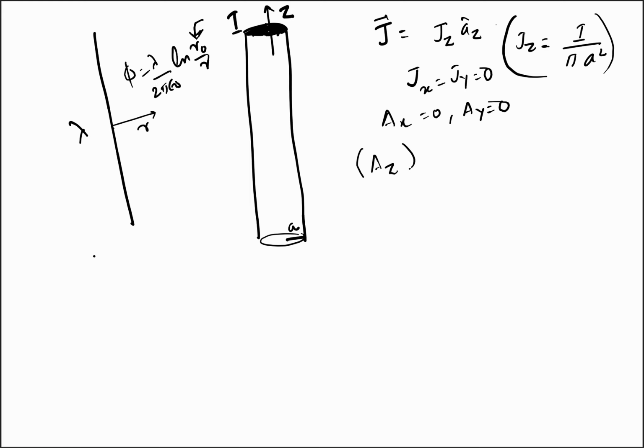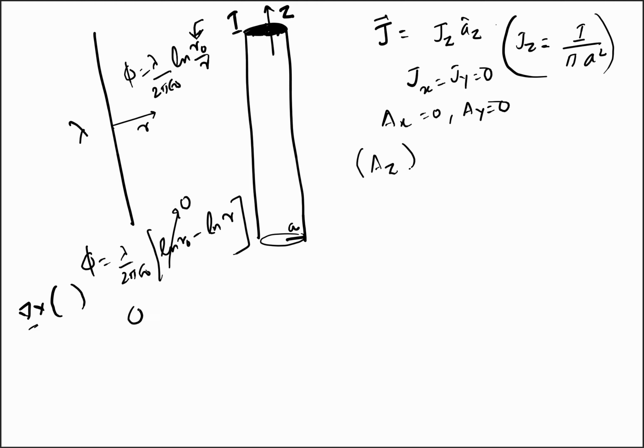So phi is simply lambda by 2 pi epsilon naught natural log r naught minus natural log r. Since we will be dealing with differentiation only, this constant will not be of much use. So I can just write that phi is equivalent to minus lambda by 2 pi epsilon naught natural log r.